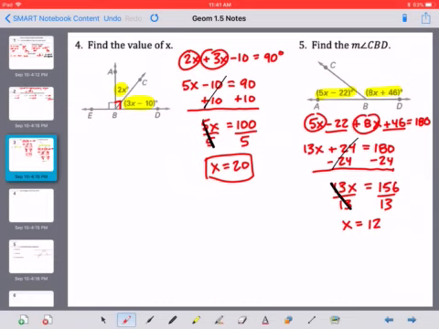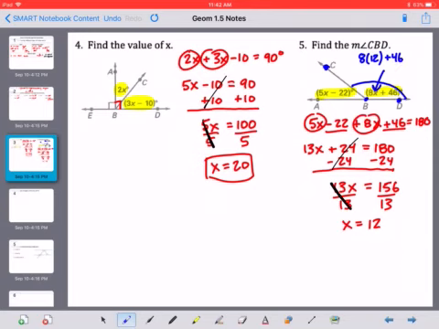All right, one last quick step here because we do still need to plug in to find the measure of angle CBD. And angle CBD starts at C, goes to B, ends at D. So we're talking about this angle here. So we've got to plug in x for this expression. So 8 times 12 plus 46.